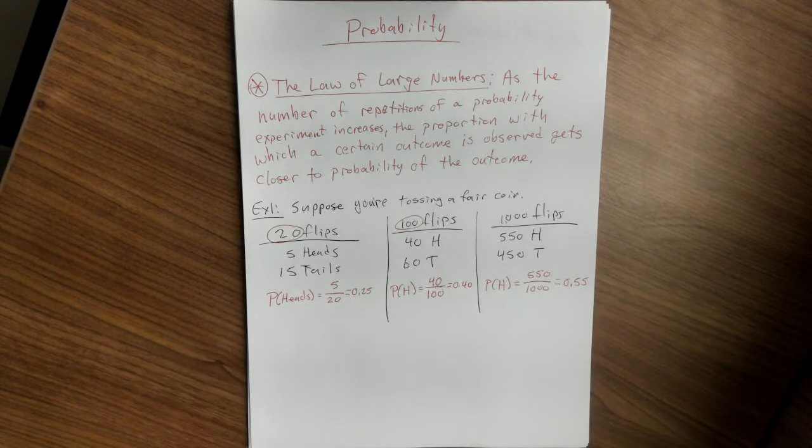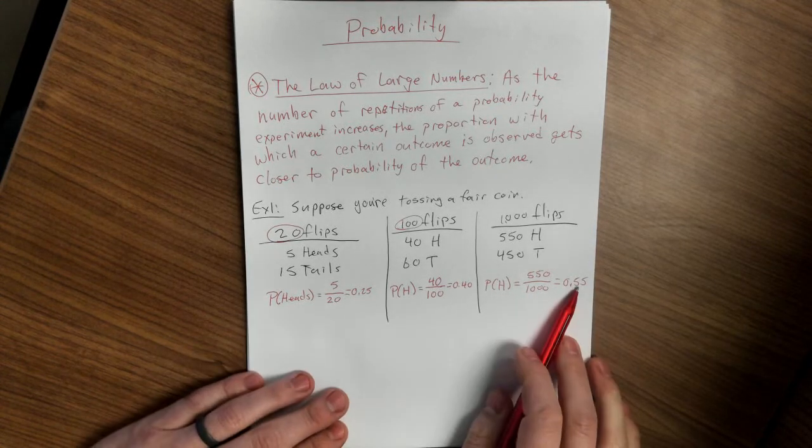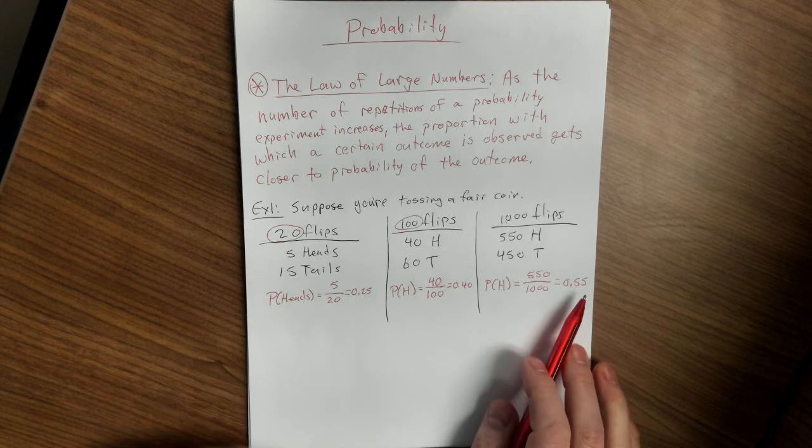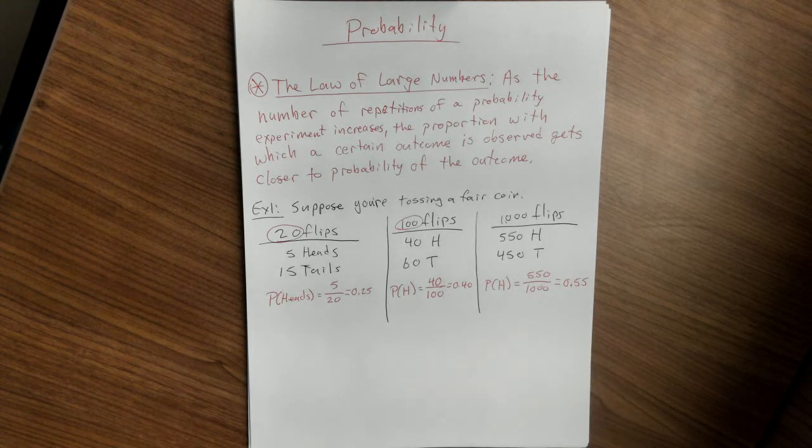So this time we went over the 50% mark with 55%. So it's still not our 50%, and in fact we went past it this time. But this is what the law of large numbers is saying. As we increase our sample size, as we get more and more observations, the closer and closer we actually get to the real mean, or the real average of whatever experiment we're doing.